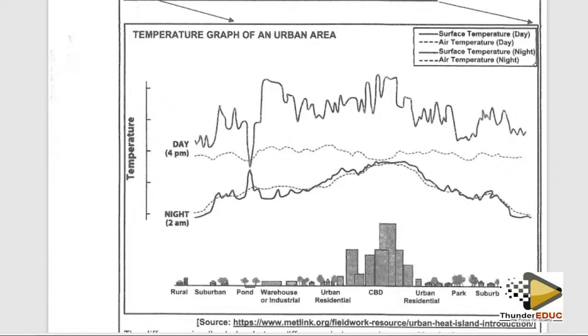So you can see here during the night, surface temperatures, they rise, and certainly they rise here. Then the air temperature at night is below the surface temperatures. Okay.